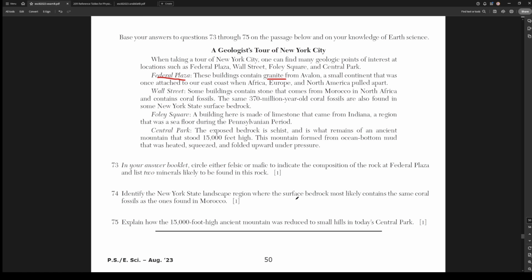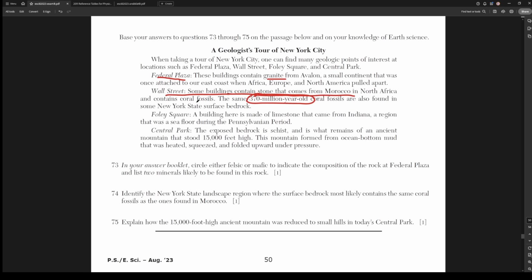Identify the landscape region where the bedrock most likely contains the same coral fossils as the one found in Morocco. Okay. So, some building contains stone that comes from Morocco in North Africa that contains... Okay, this is what we need. 370 million year old coral fossils. Okay.